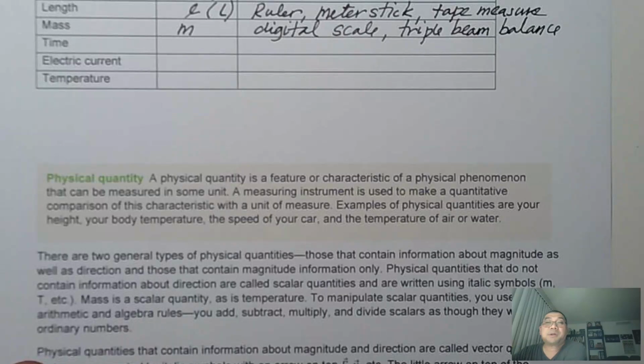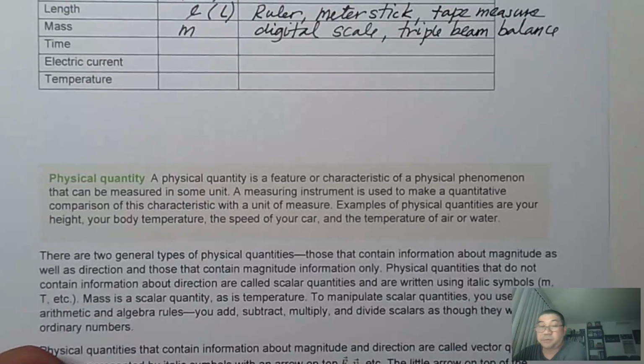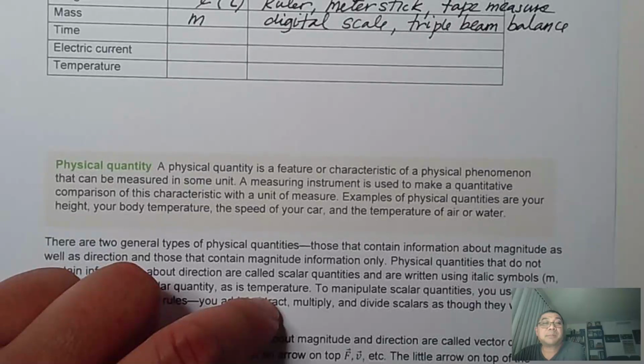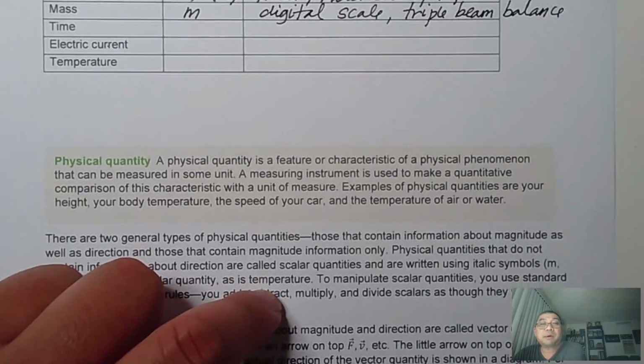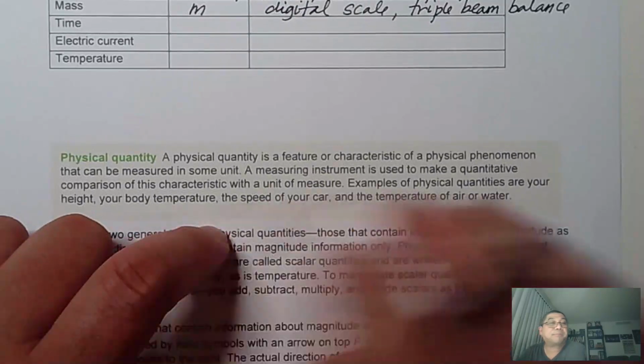If you want to see a picture, you can Google this and see an example. We do have it inside the lab, especially in chemistry. I used to have one, but now I seldom use it because specifically we use a digital scale in physics.